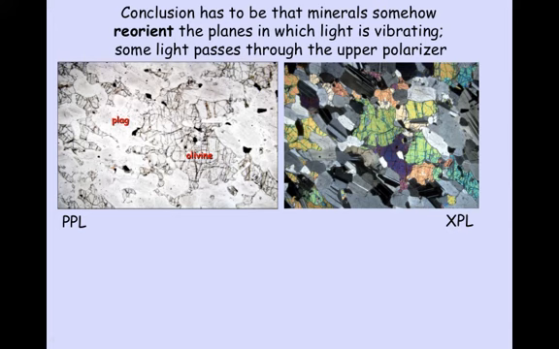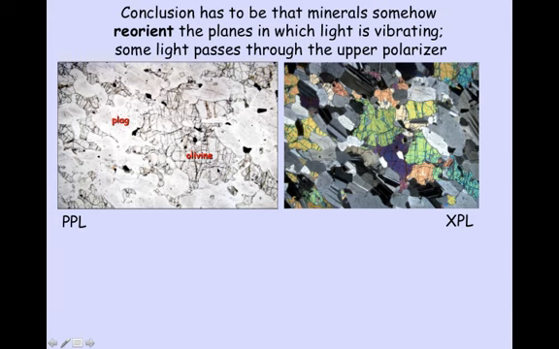So if we're looking in plain polarized light, so with just the lower polarizer and the upper polarizer out, I'll also abbreviate that PPL for plain polarized light, you see the color of the minerals. In this case, they're all colorless. When you insert the upper polarizer, also I'll use XPL, so cross-polarized light, you see interference colors.